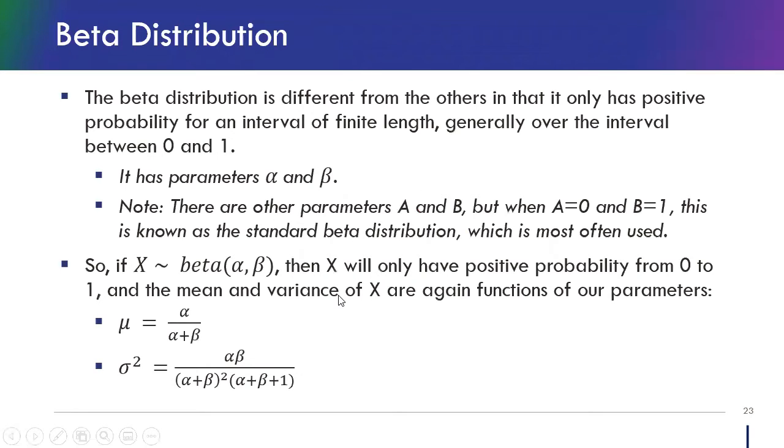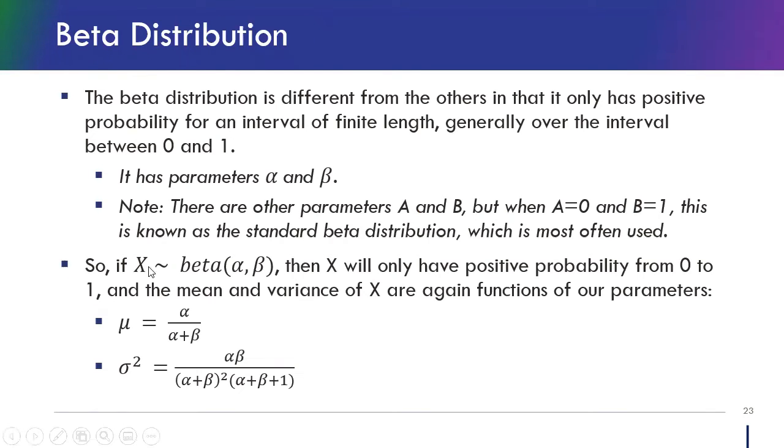I didn't plot the curve for beta because it's kind of complicated. You can always go to Wikipedia when you look for the beta distribution. These 2 parameters control the shape of the beta distribution.